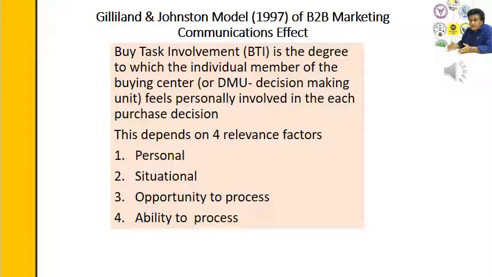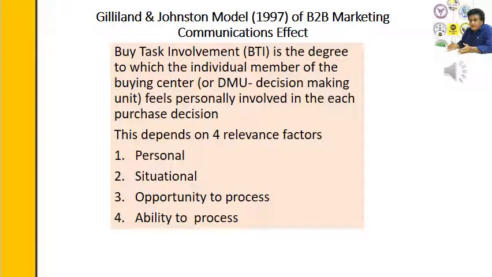The third relevance factor is called opportunity to process. It refers to the level of distraction or noise that might impede or prevent comprehension of the marketing message.